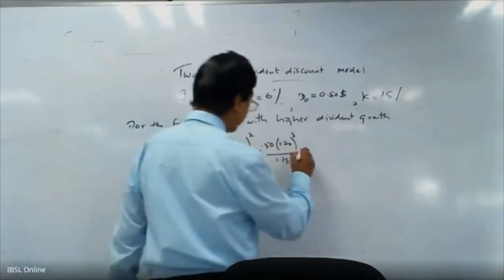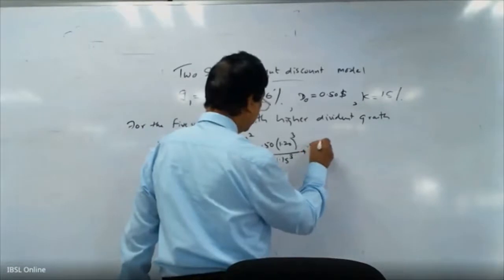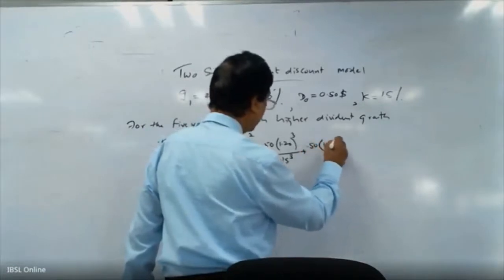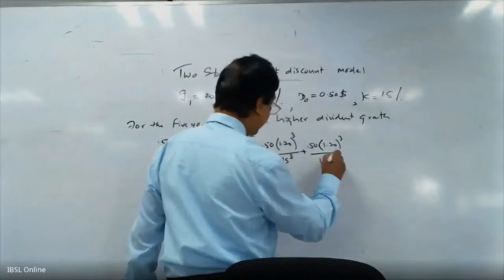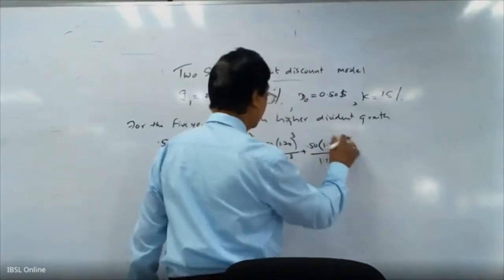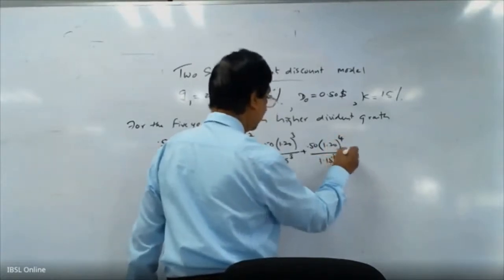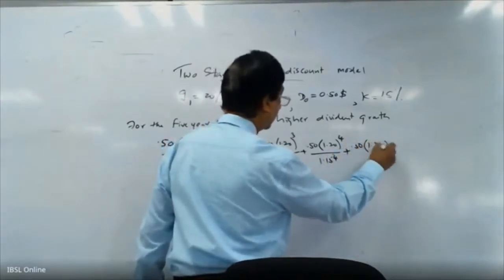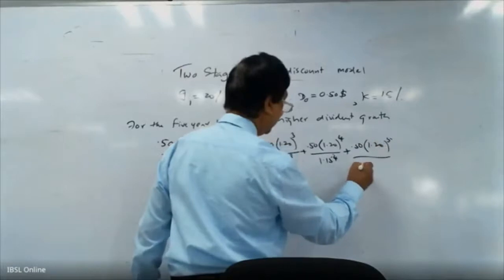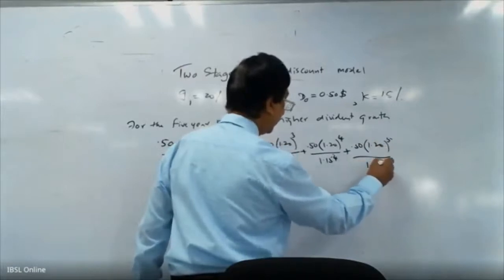Then the next one is 0.50 into 1.20 to the power 4 divided by 1.15 to the power 4. Next one would be 0.50 into 1.20 to the power 5 divided by 1.15 to the power 5.